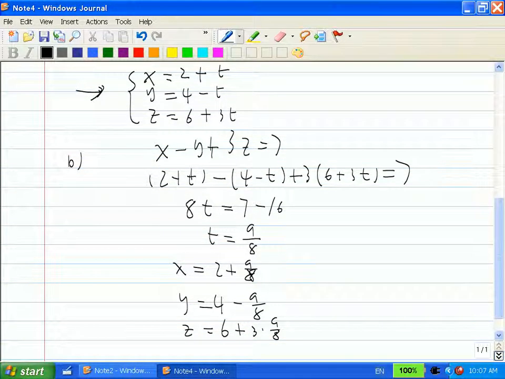You can do the arithmetic, and you will get a point. First of all, this point is on the line, because for any t the point will be on the line. At the same time, it satisfies the equation of the plane. So this point is your intersection point.